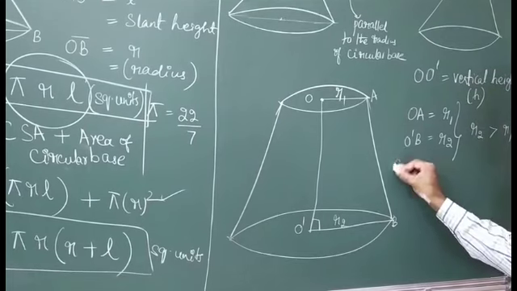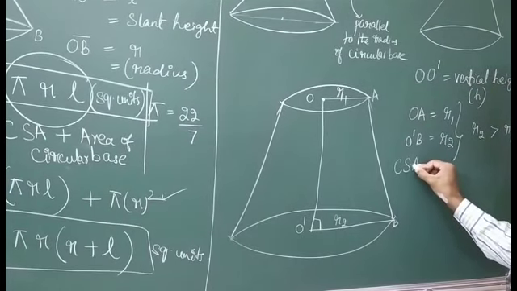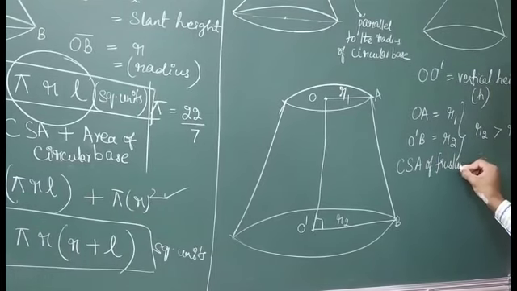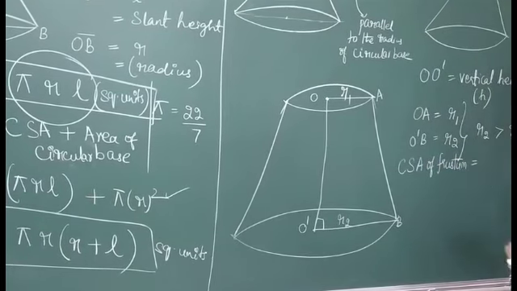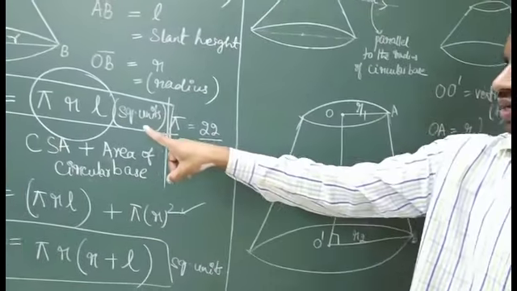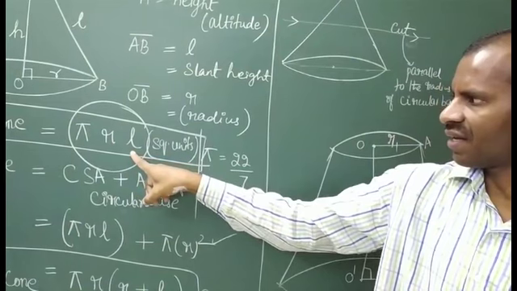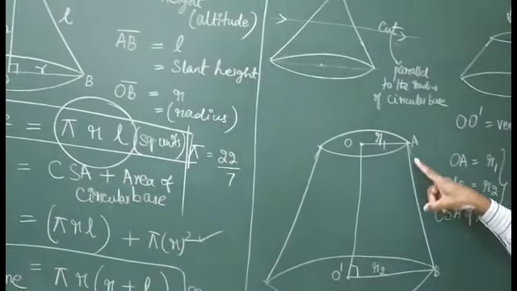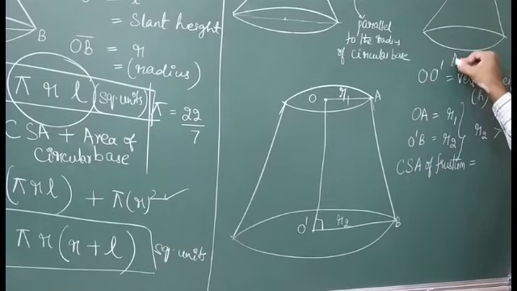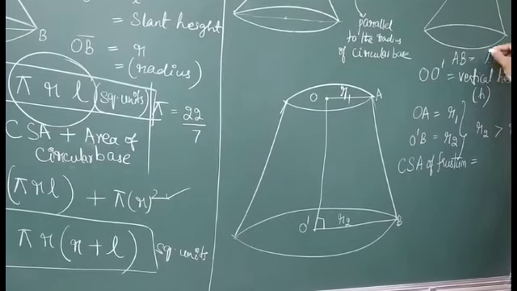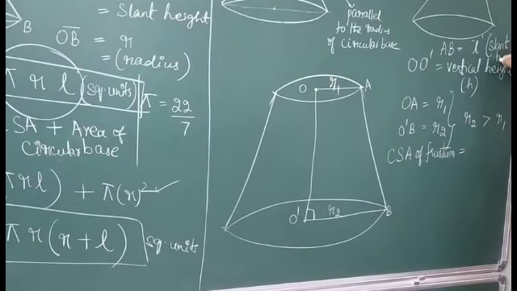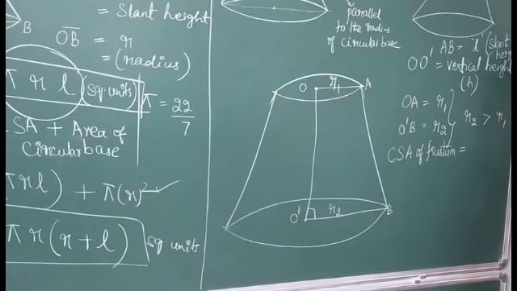Then see, if I have to remember this CSA of frustum, see what is the CSA of cone here? It is pi r L, right? So L, we have not noted this L here. So this AB, let me write this AB is equal to L, or that is called as the slant height. This is my slant height here.